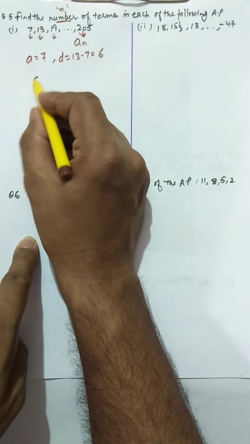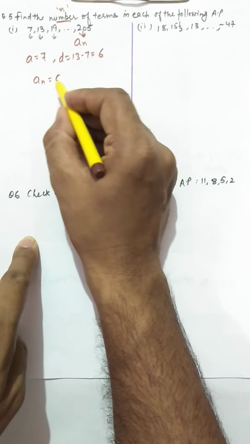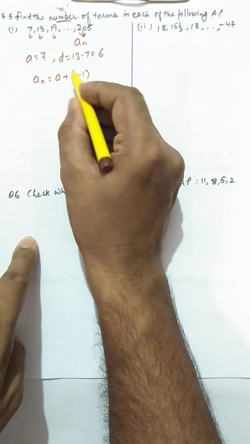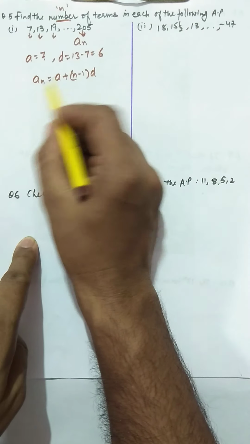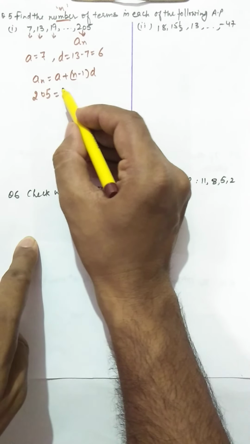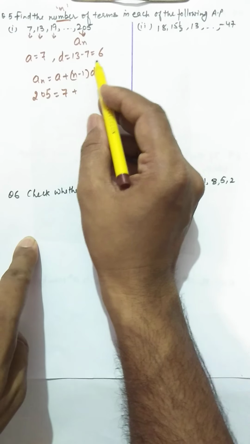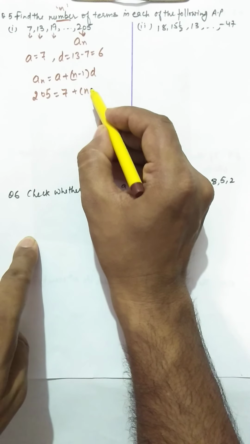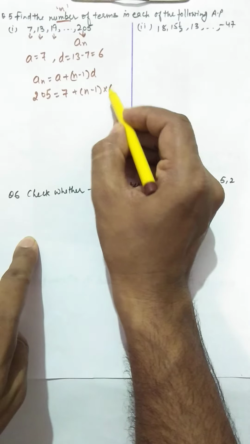In the formula of an, the formula is A plus (n minus 1) D. So you know an you assumed as 205. You know A is 7, and n you don't know, so n minus 1, and D is 6.